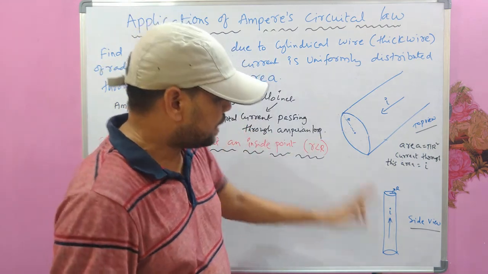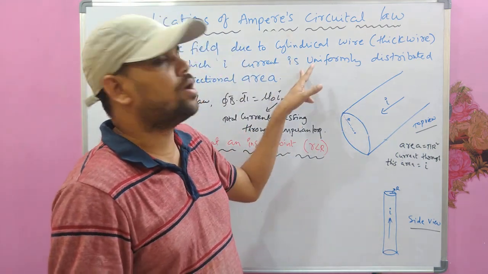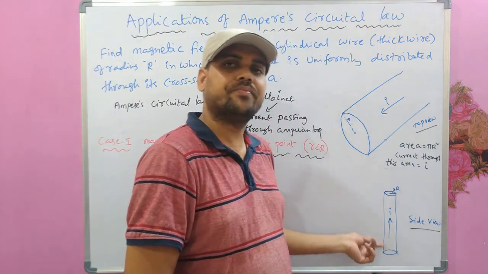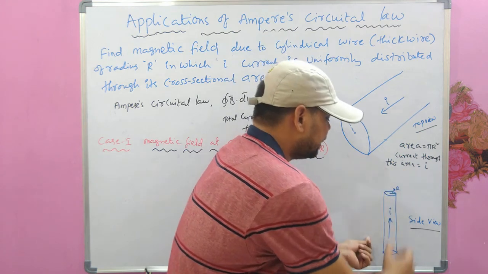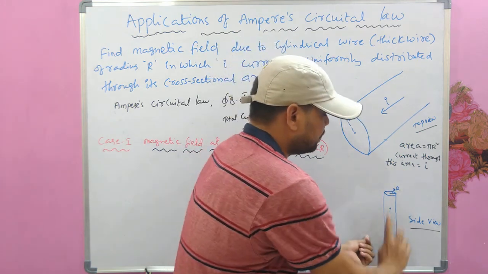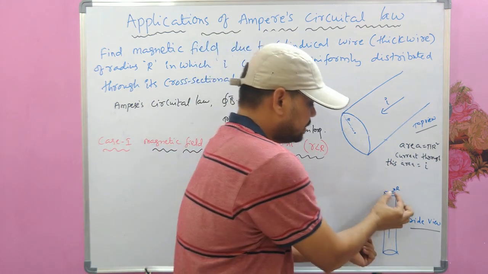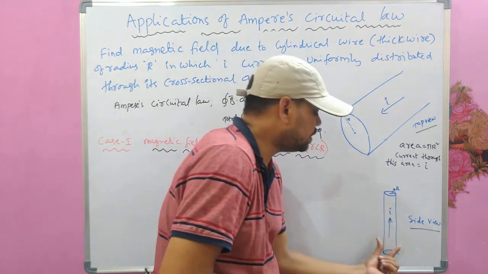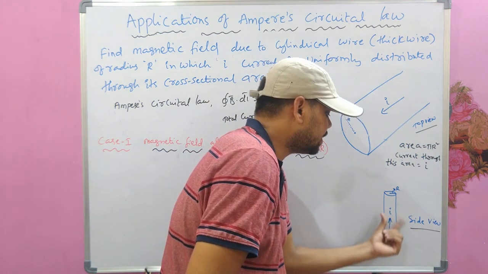Okay, the picture corresponding to the given problem is this. This is the side view, where the cylindrical wire is like this, through which current I is flowing in this direction, whose radius is capital R, so that its area is pi R square. It is uniformly distributed throughout this area.